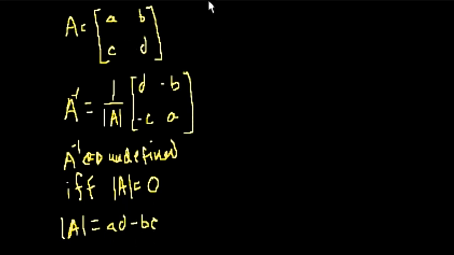So let me write that over here. If AD is equal to BC, or we can just manipulate things, and we could say A over B is equal to C over D, right? I just divided both sides by B and divided both sides by D. So if the ratio of A to B is the same as the ratio of C to D, then this will have no inverse.